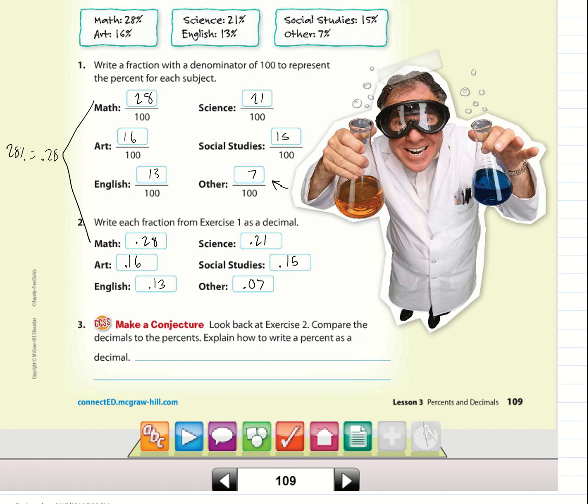So what I notice is from a percent to a decimal, I move the decimal place twice to the left.